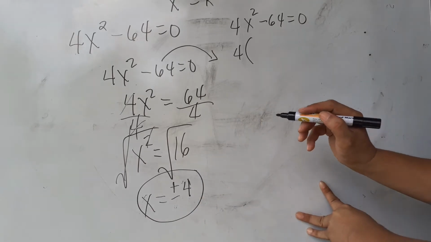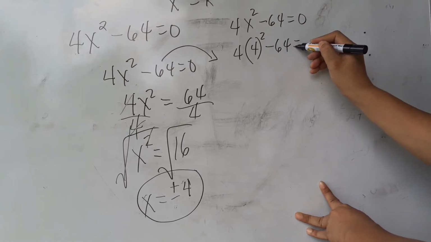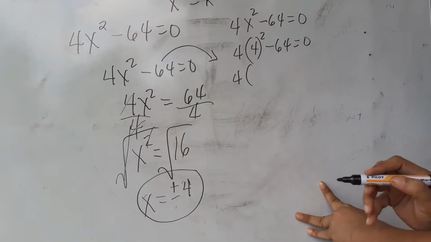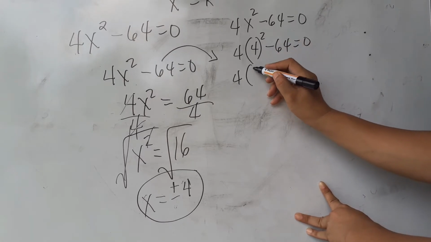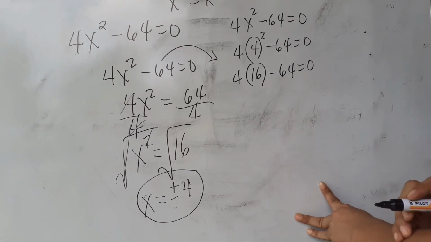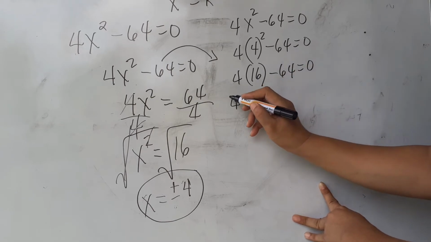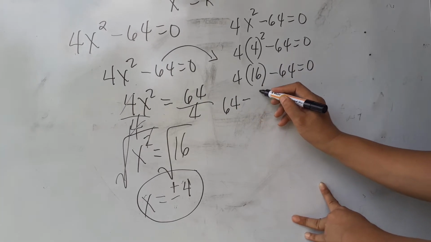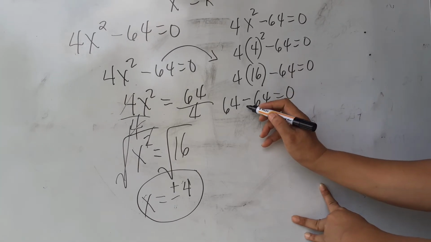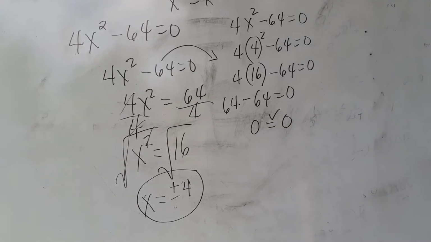So, doon muna tayo sa positive 4. 4 squared minus 64 is equal to 0. So, we have 4 multiplied by 4 squared, that is 16, minus 64 is equal to 0. So, 4 multiplied by 16 is equal to 64 minus 64 is equal to 0. So, 64 minus 64 is 0 is equal to 0. So, check po siya. Okay.